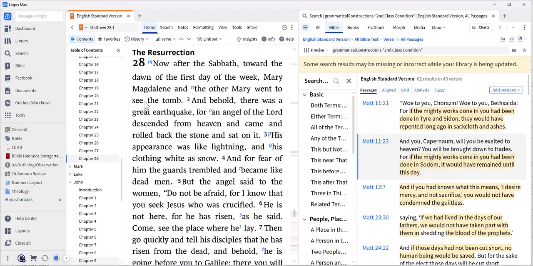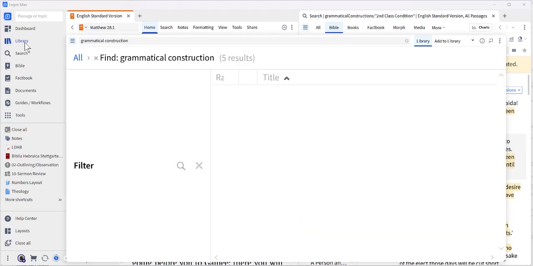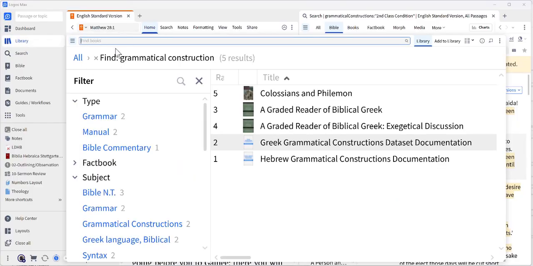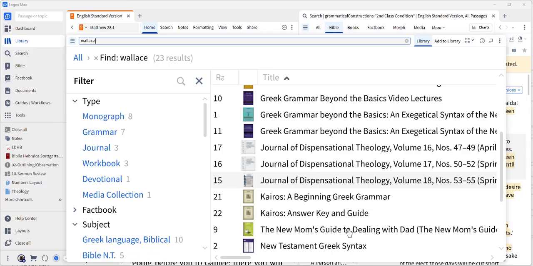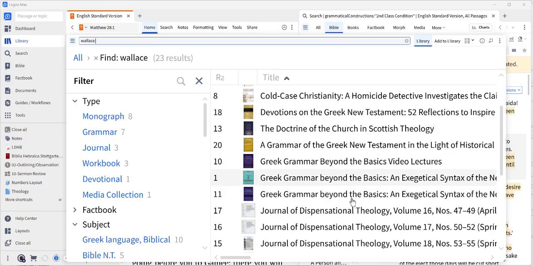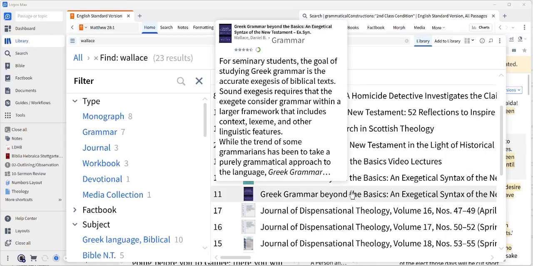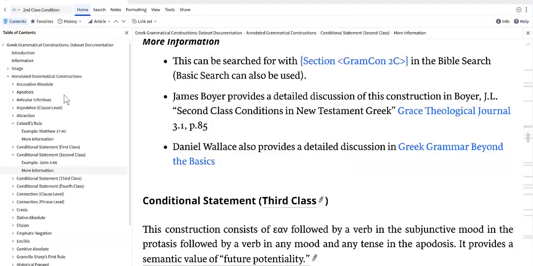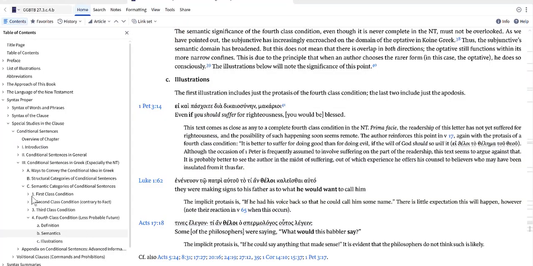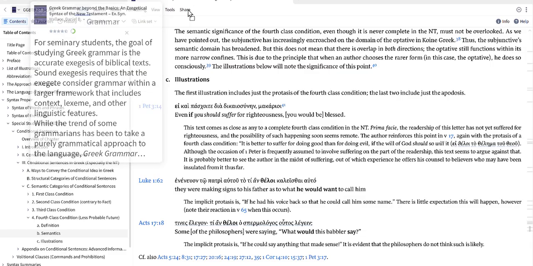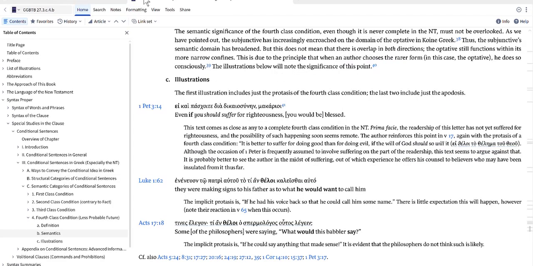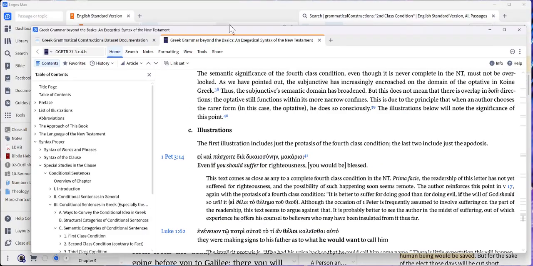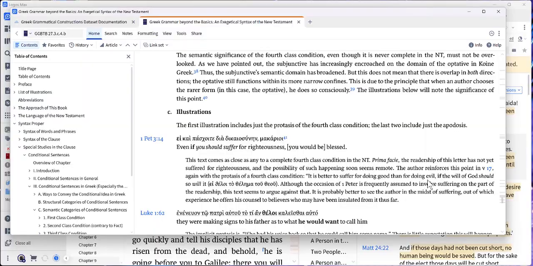So let's go back over here. We want to find two grammars. We want to find a grammar by Wallace. Let's pull up the newer one, just to show you it's really the same thing, just with a slightly different layout.